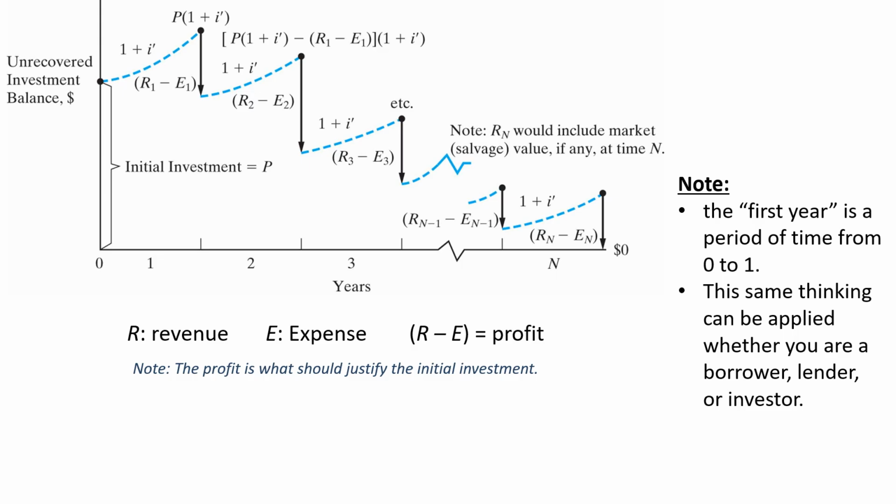So we would still have the growth of the unrecovered investment balance, even if we were starting with our own money, because we had outlaid a certain amount of money, and then there's the interest that we want to be making, and then the unrecovered portion of that balance decreases at the end of each year. So does anybody have any questions so far about this figure?